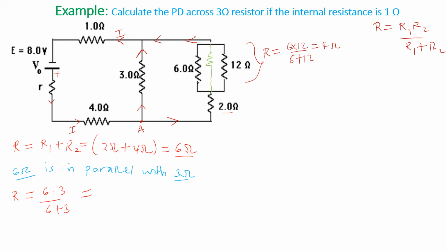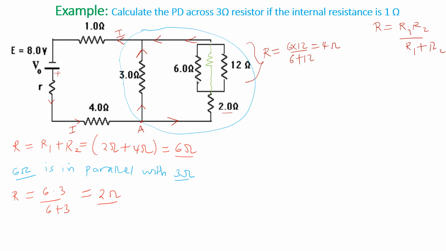That gives you 2 ohm. So in this whole ring, all of them combined give only a 2 ohm resistor.